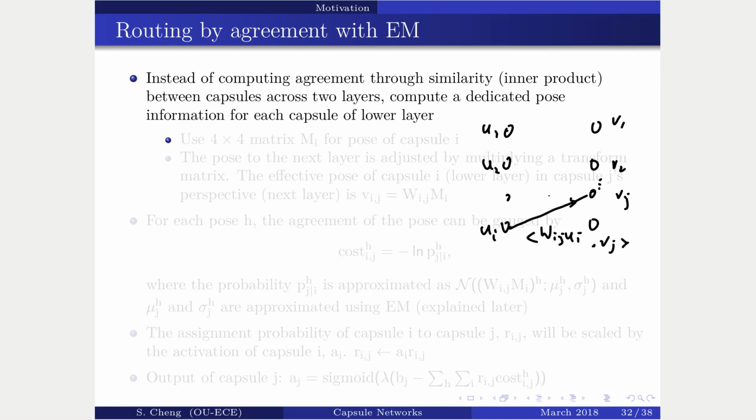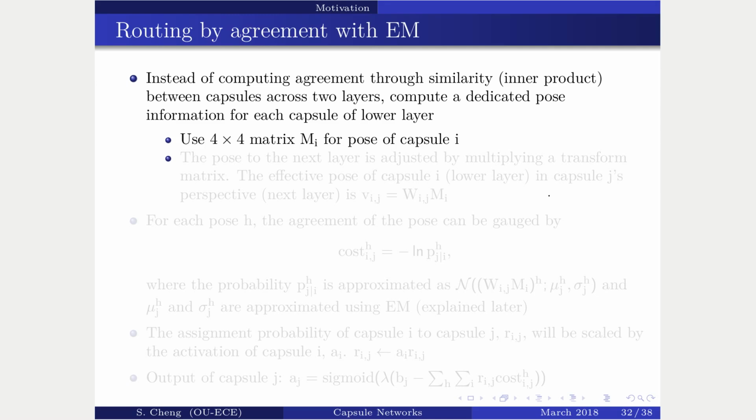In a nutshell, if this inner product is larger, then the weight from capsule i to capsule j will be bigger. And in this second paper, basically, instead of having just one U as in the first paper, it is split into a dedicated pose matrix M and an activation value, just a scalar value.